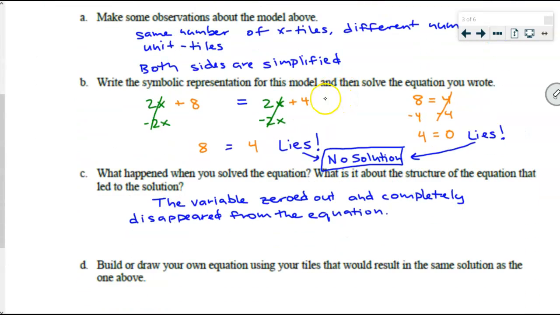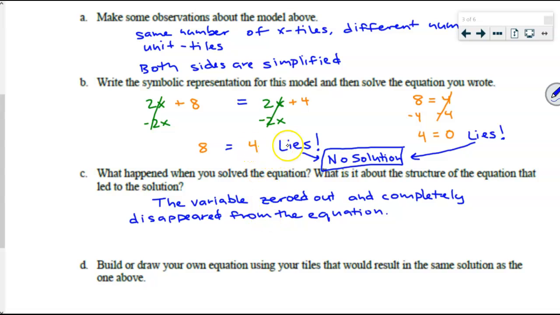Here we're uncomfortable. We've got confusion. We've just got discomfort. We're like, wait a second, that's not true. This changes everything I ever knew before. So you know that this is a lie. So please understand what that actually means. In both cases, the variable zeroes out. It disappears completely. In our first situation, we're left with a true statement.